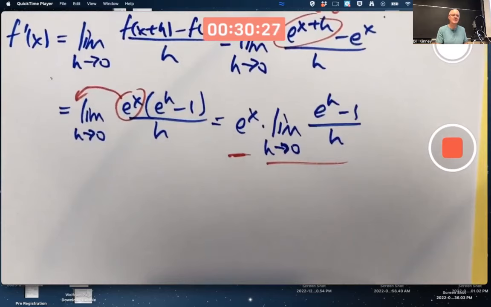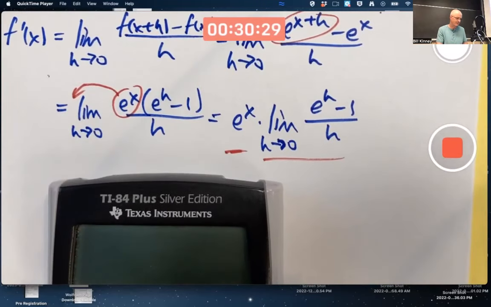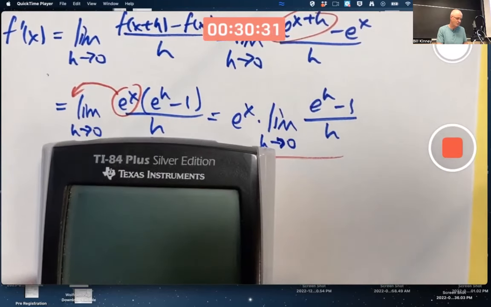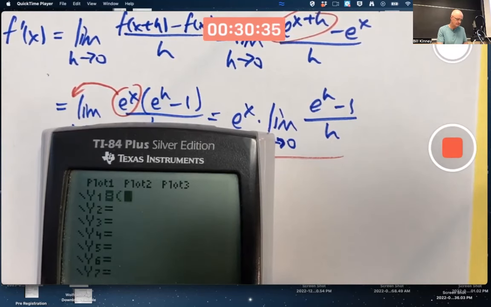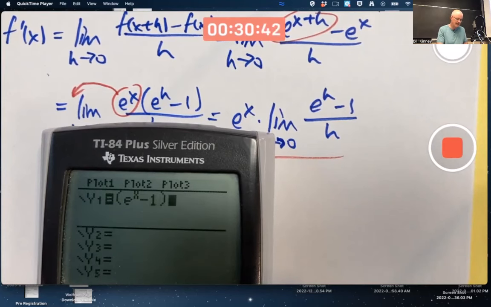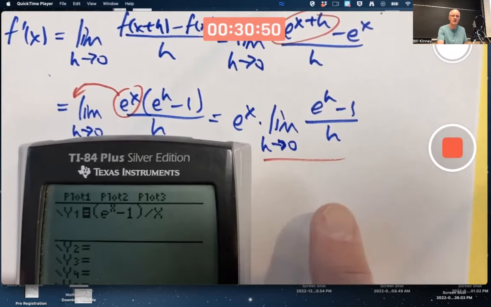Let's use technology to see if it can help us. So I'm typing e to the x here, but really I'm thinking of it as e to the h minus 1 all divided by h, with x playing the role of h.